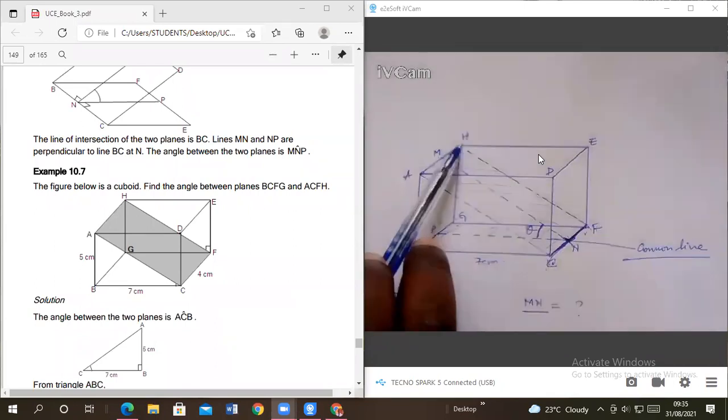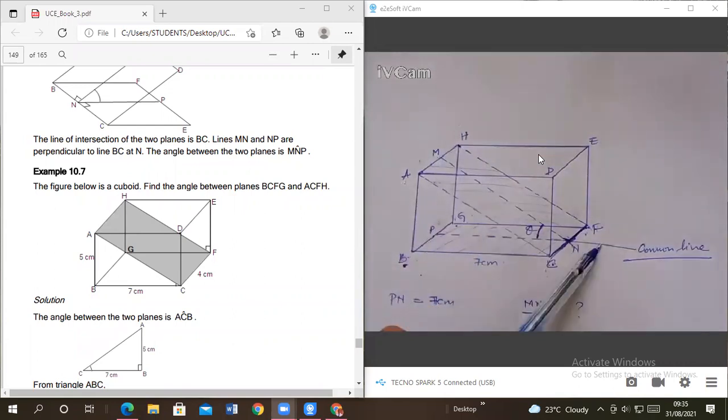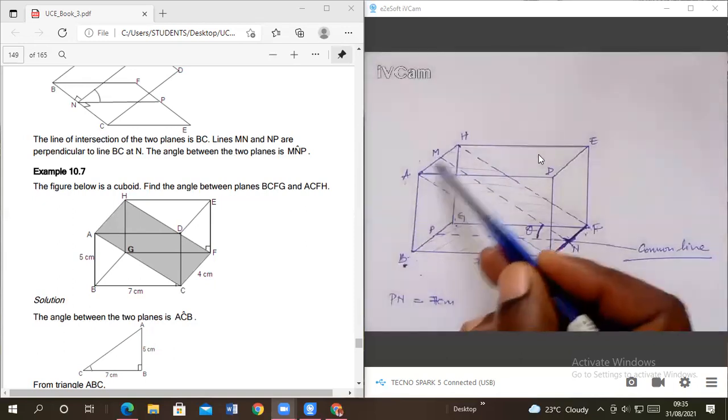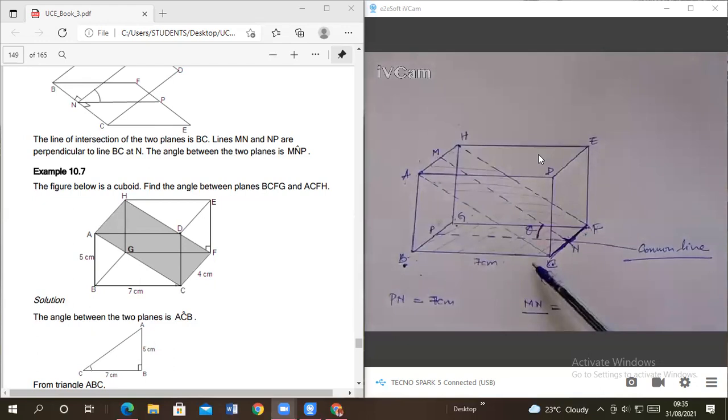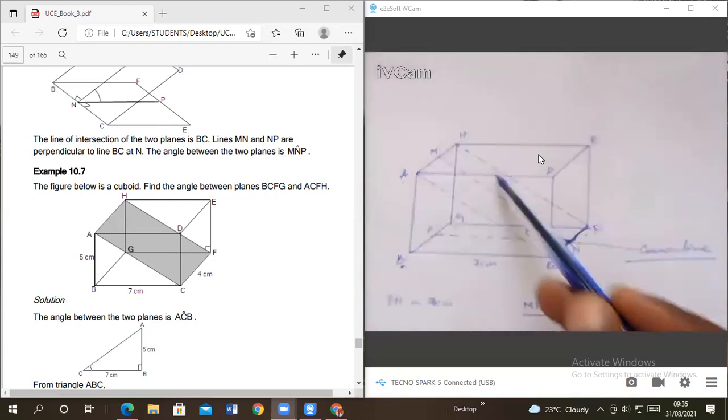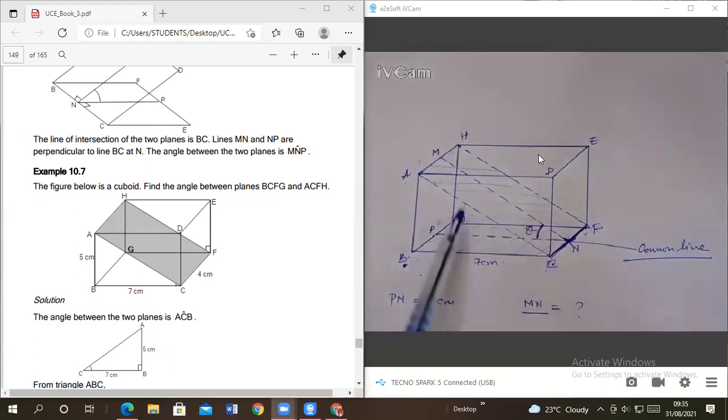It is also the same as HF. They are all equal. Why? Because you can see that they are all diagonals cutting from one point to another, and they lie on that same plane inside here, the plane A, H, F, and C.